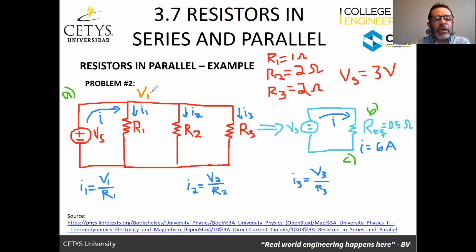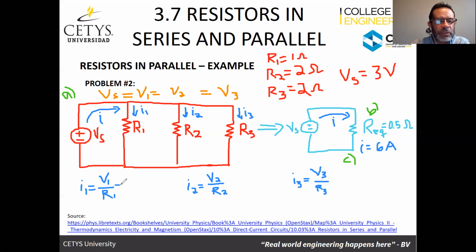Voltage 1 is equal to voltage 2 is equal to voltage 3 because it's a parallel array, and all of these voltages are equal to the voltage of the source. Okay. So because it's in parallel, the voltages are going to be the same.